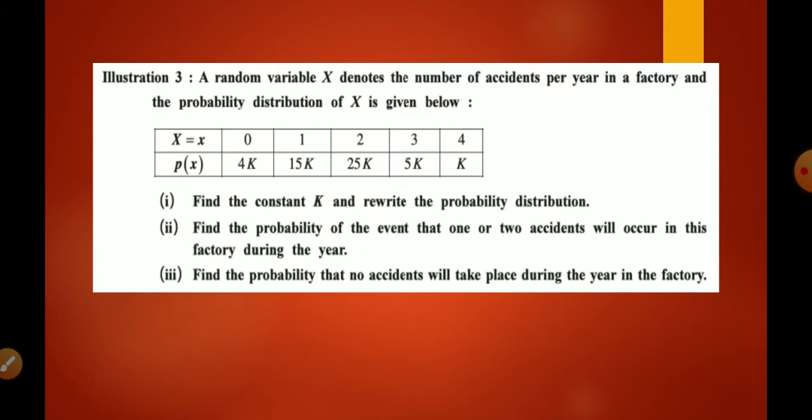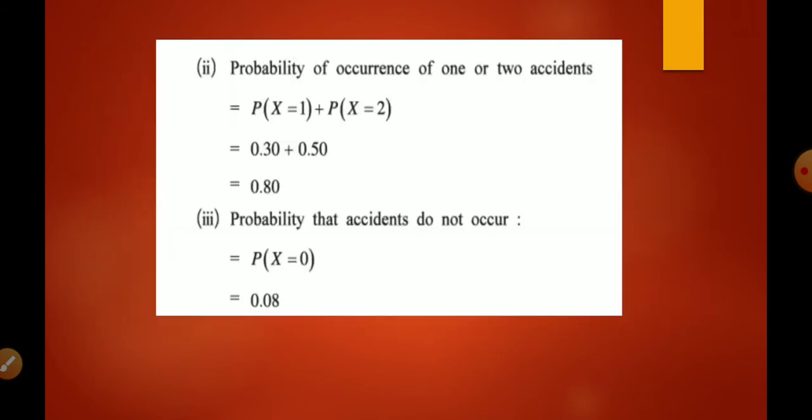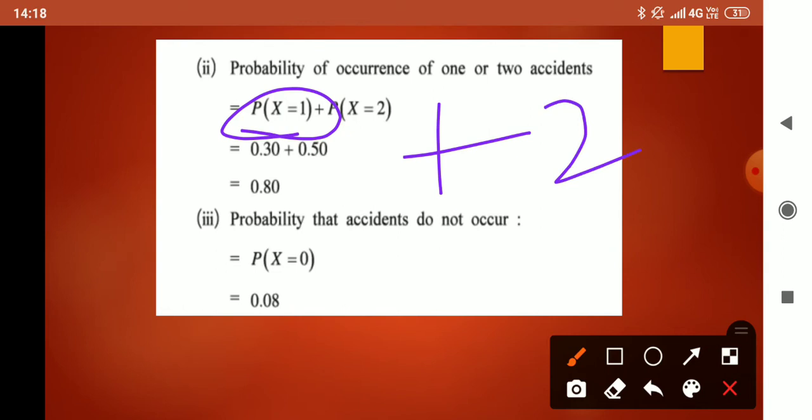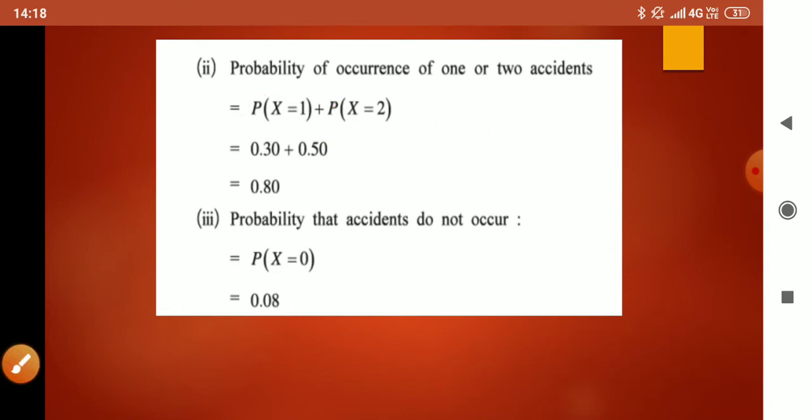Now, second: find the probability of the event that 1 or 2 accidents will occur in the factory. 1 or 2 means P1 plus P2.